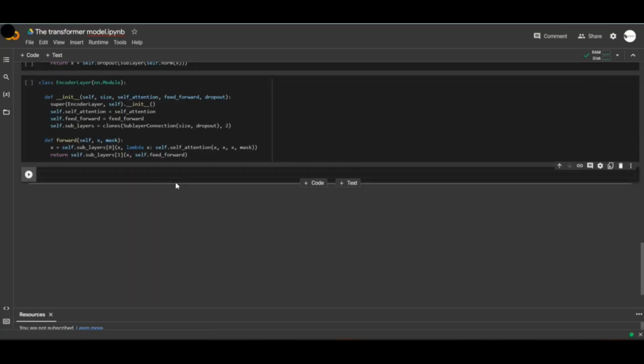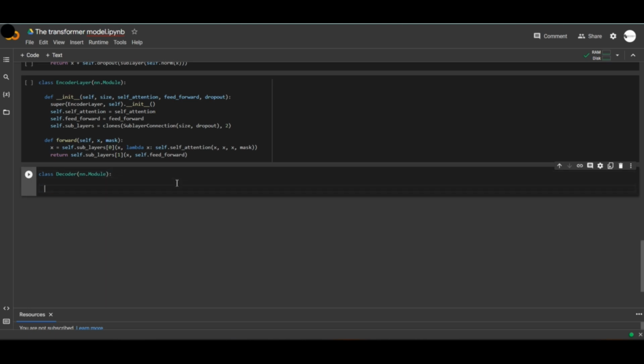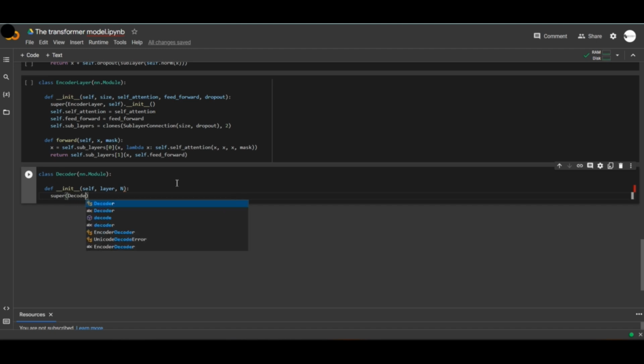Looking into the decoder, the components are the same. The decoder's code is similar to the encoder, slightly different, but I'll explain why it is different. So we have self, taking the layer, we have n, we're going to say super, we have decoder, and we have self.init.